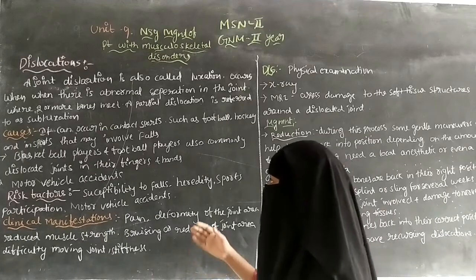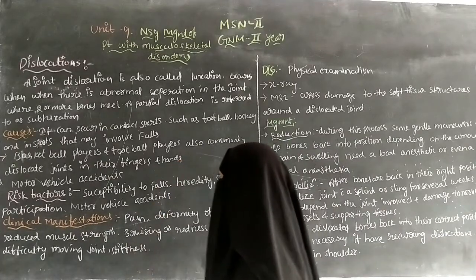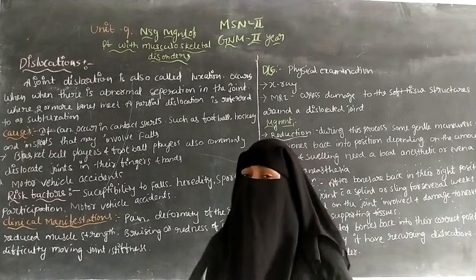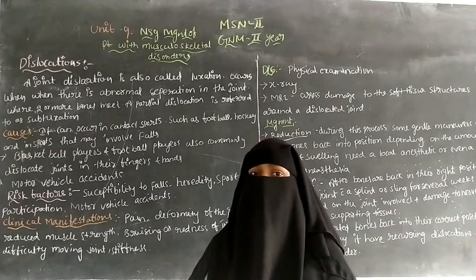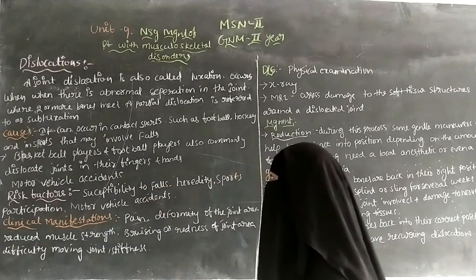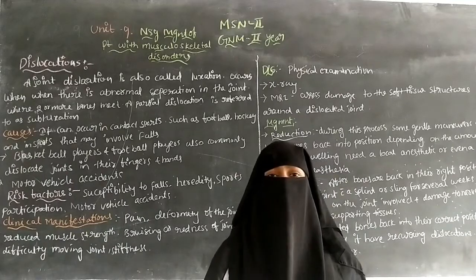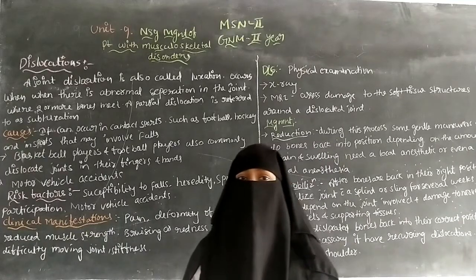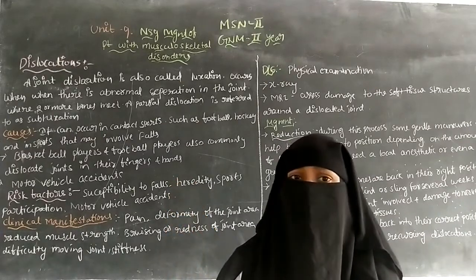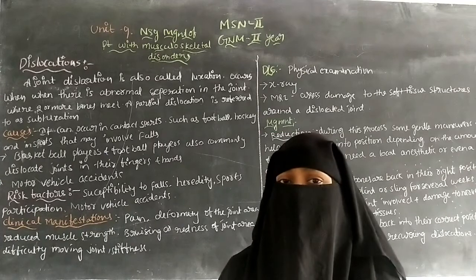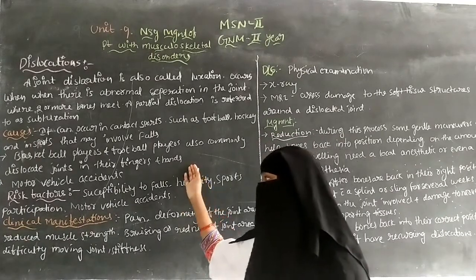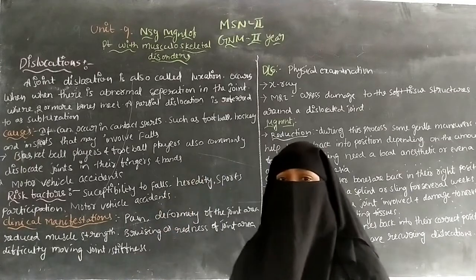So the causes include contact sports such as football and hockey, where falls give more chance of dislocation. Basketball and football players commonly have dislocations of the joints in the hands and fingers because of striking the ball. And there are motor vehicle accidents.